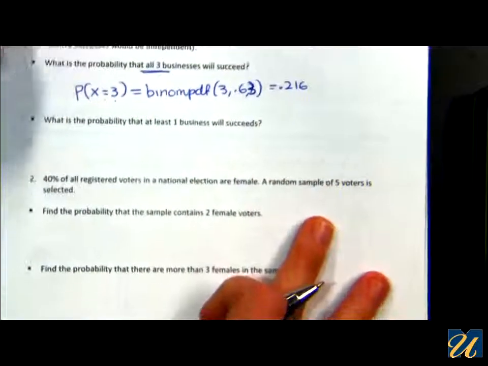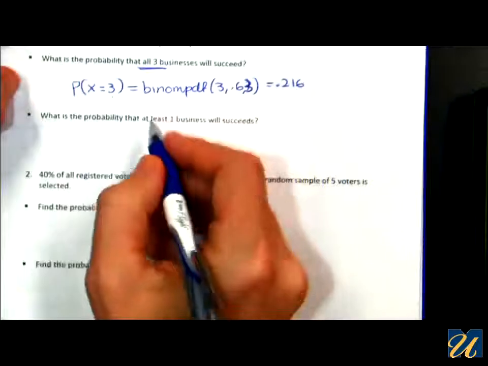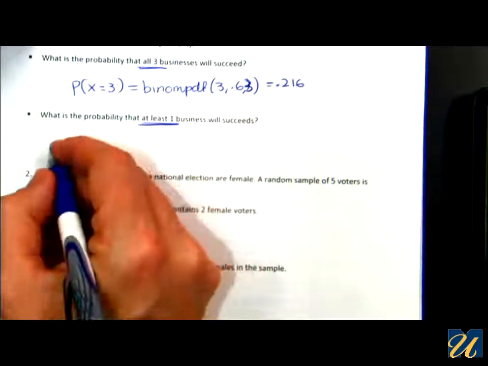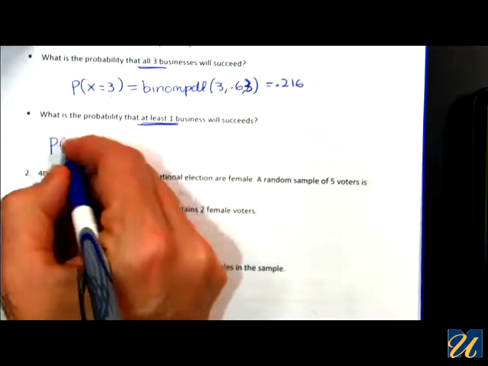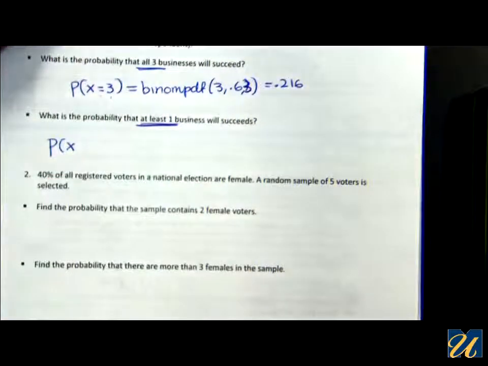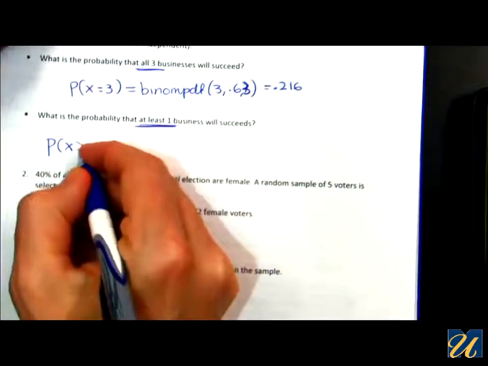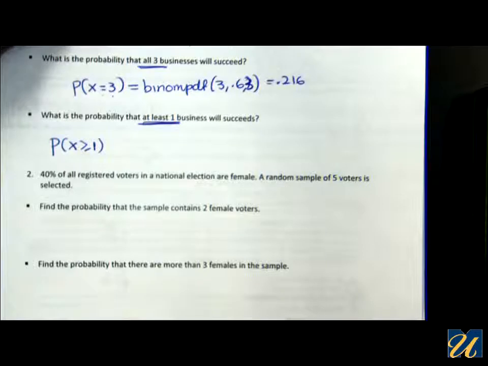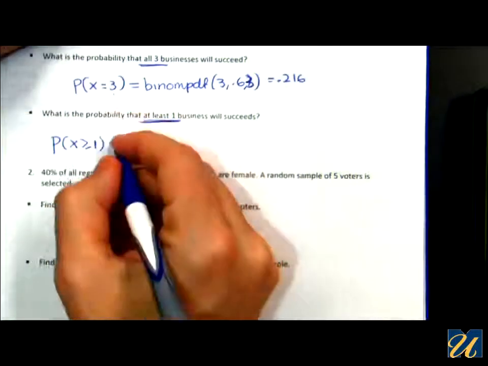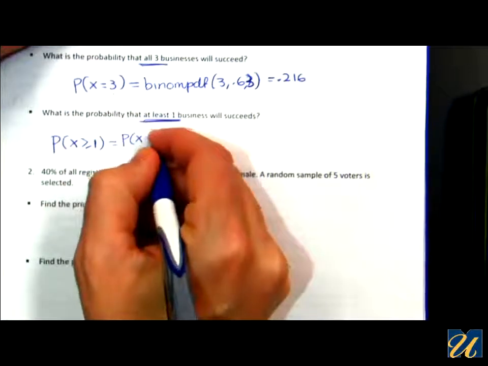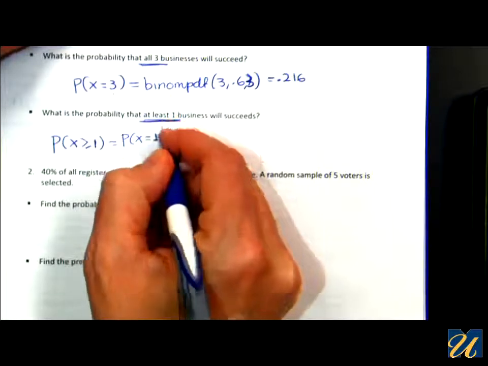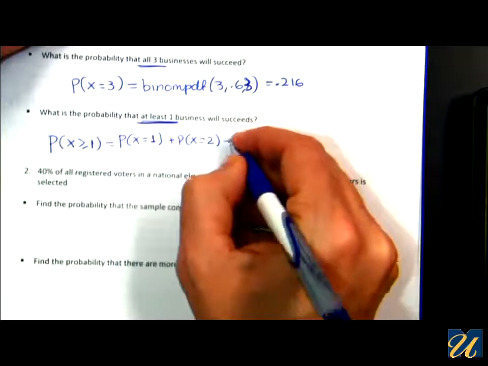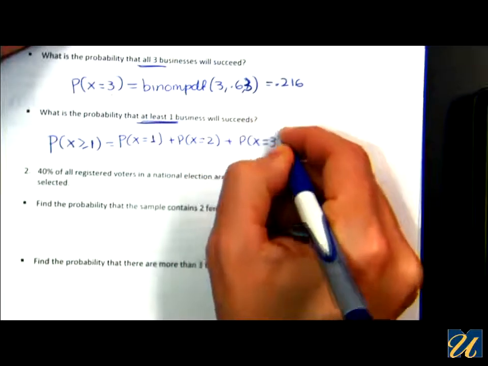What is the probability that at least one business will succeed? Keyword, at least. How do I interpret at least? I'm looking for the probability of x to be greater or equal to 1. How does this translate? X greater or equal to 1 means you're looking for the probability of x to be equal to 1 plus probability of x equal to 2 plus probability of x equal to 3.